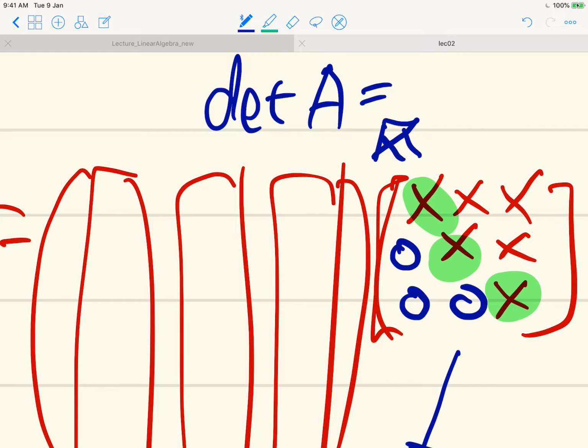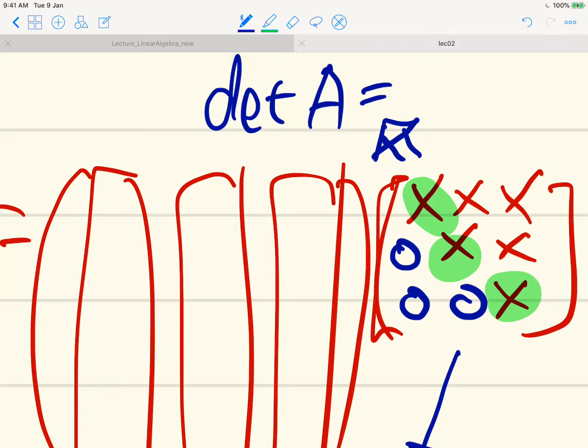First of all, the determinant is only defined for square matrices, and that's why we can use the determinant as a deciding factor for invertibility, okay?